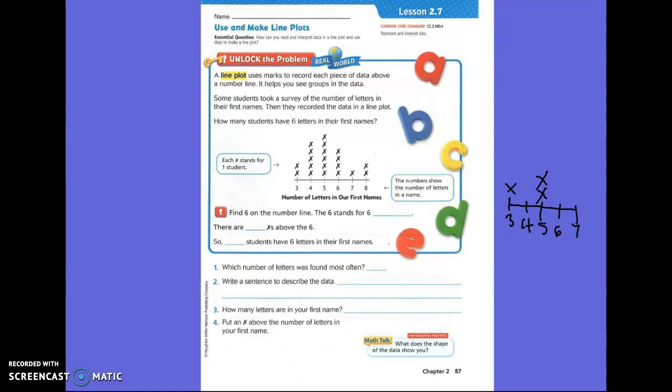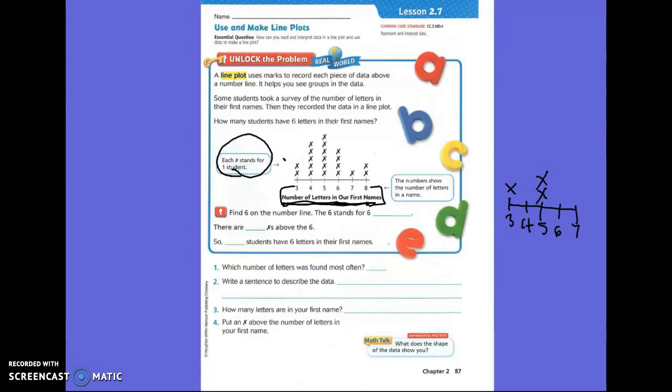Got it? The x's mean the number of people, and the numbers down here mean the number of letters that are in their name. That's why the label says number of letters in our first name. That is the label for the bottom numbers. These x's stand for the students.